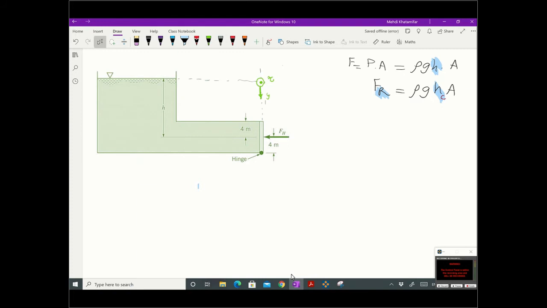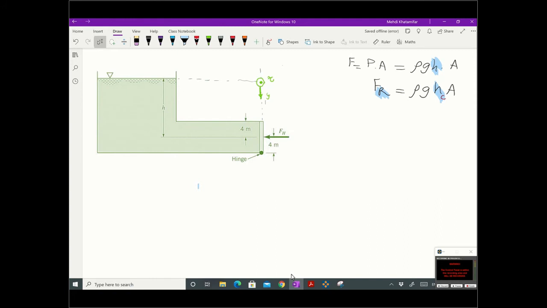The only other unknown is h, so 5h. Did you bring the value for the FR? So equal 9.8 times 1000 times 24 times h.